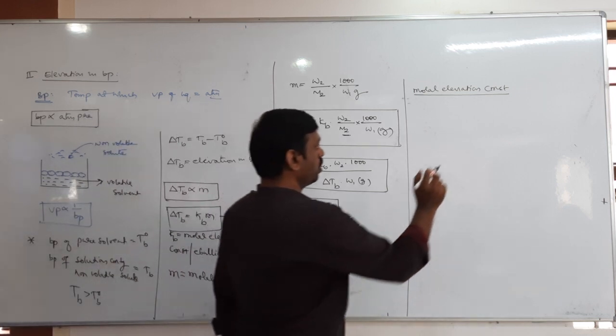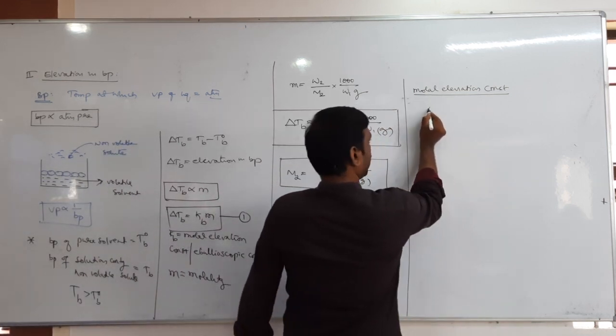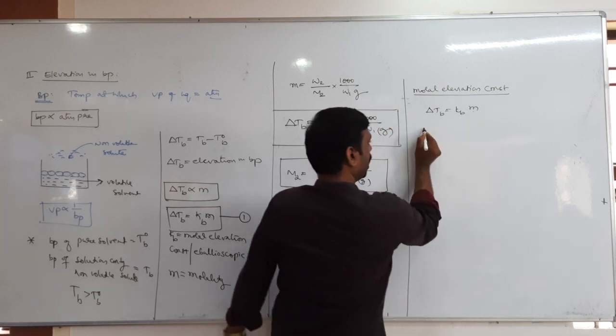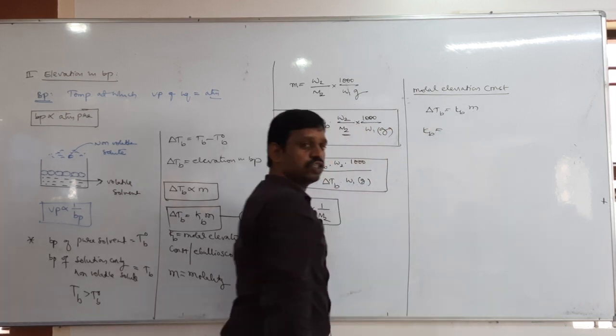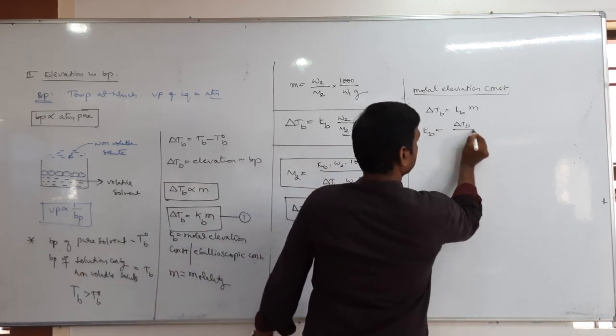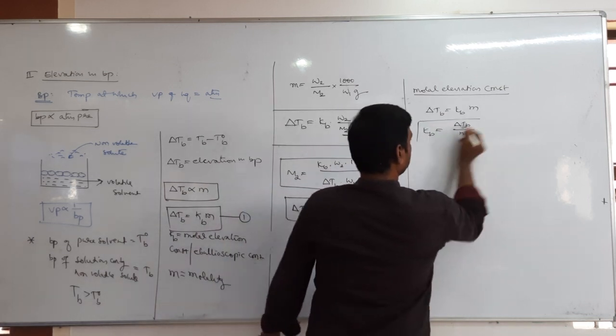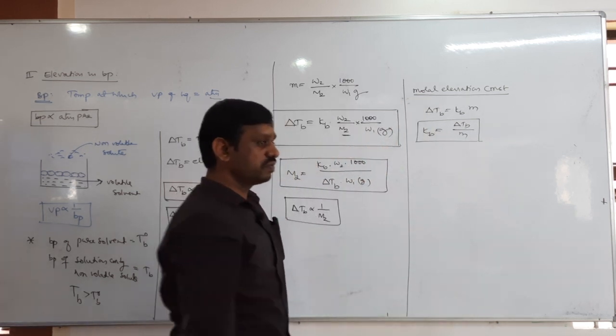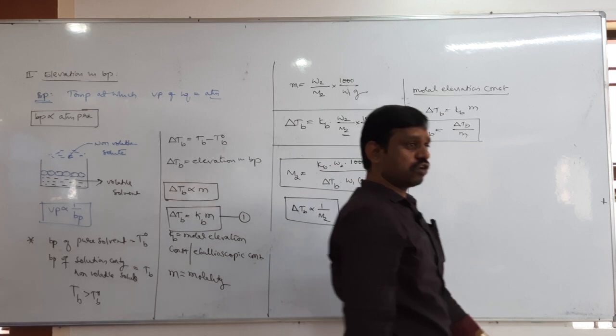From equation 1, delta TB is equal to Kb into m. I actually want Kb, the molal elevation constant, so Kb is equal to delta TB by m. Now, if Kb is equal to delta TB by m, then how do you define the molal elevation constant?